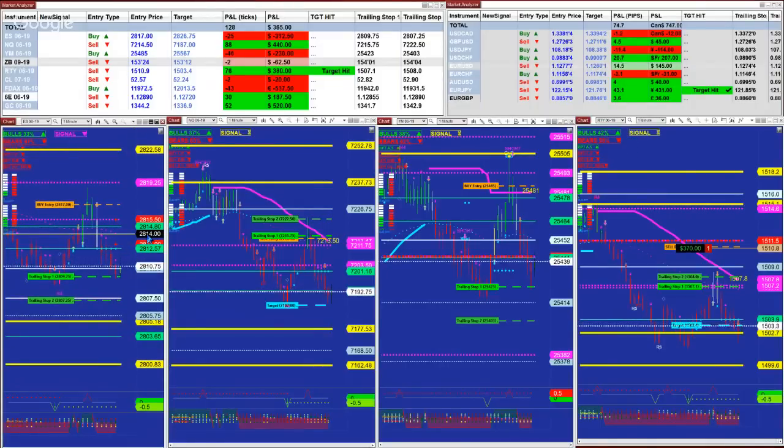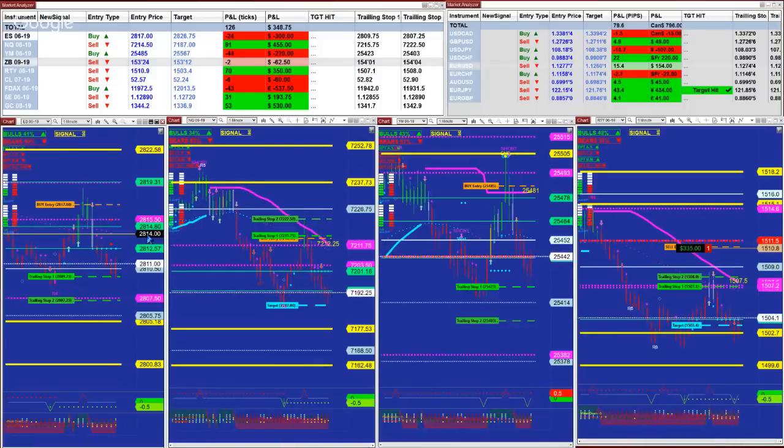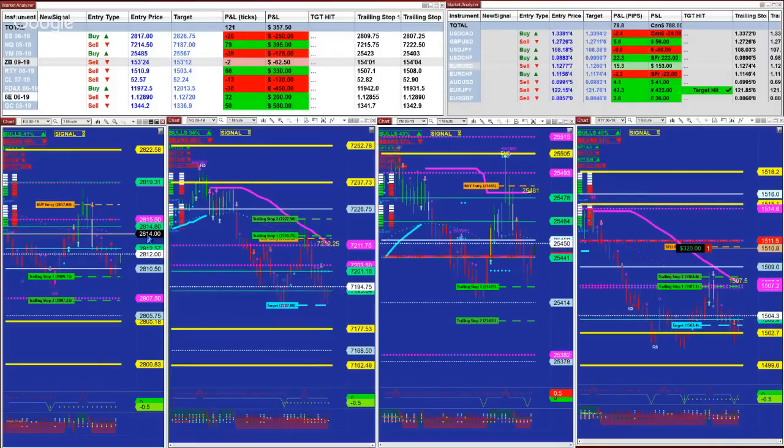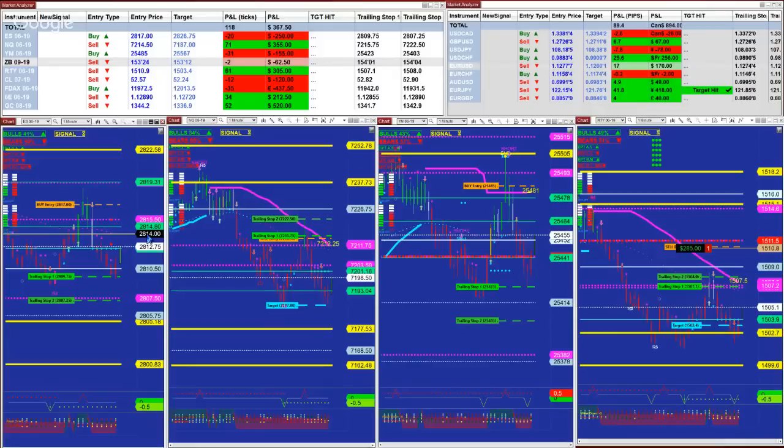Just stay away from those two until we have a new signal, please. It is an extremely choppy area here on the ES, NASDAQ, and Dow Jones. You should not be taking any trade. Just hold on, please.